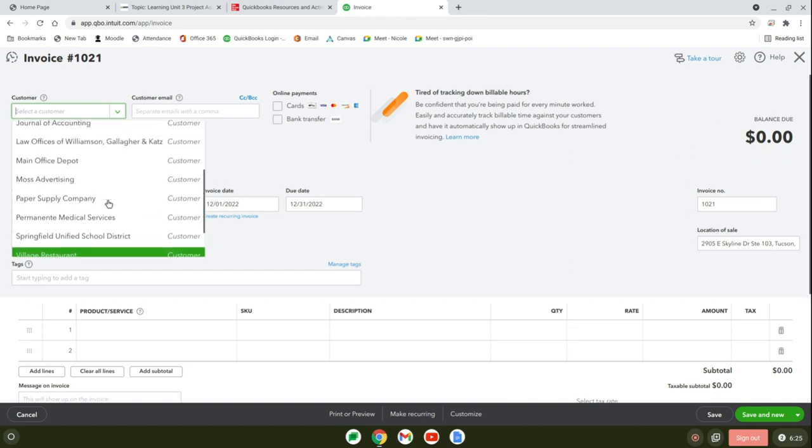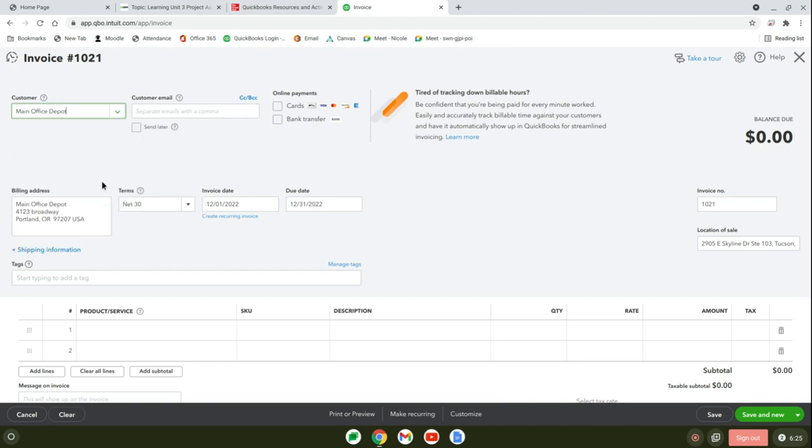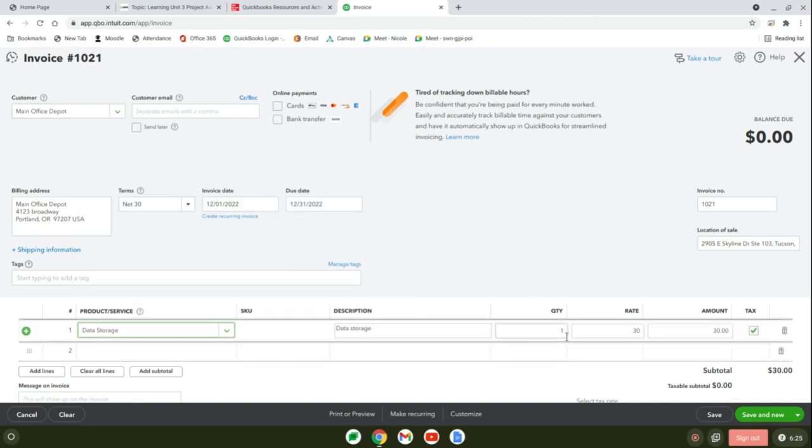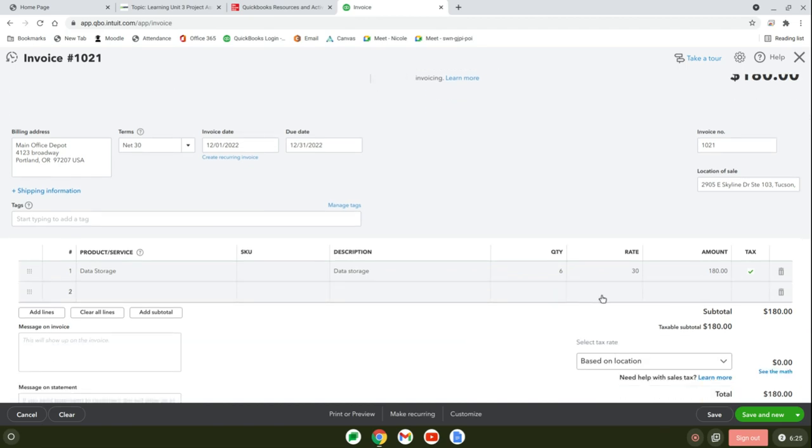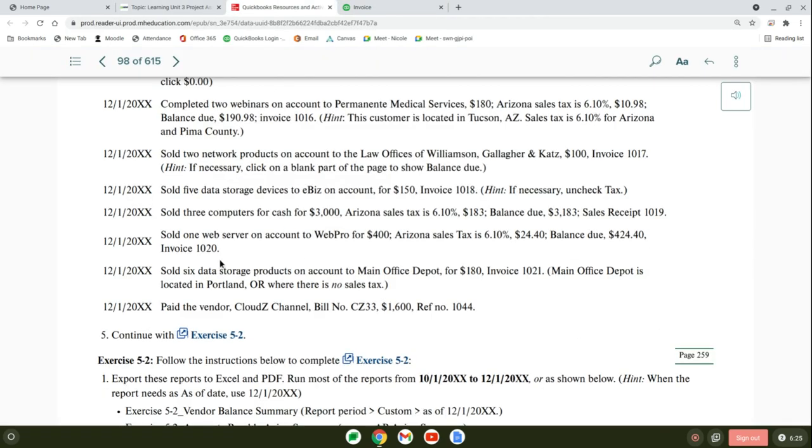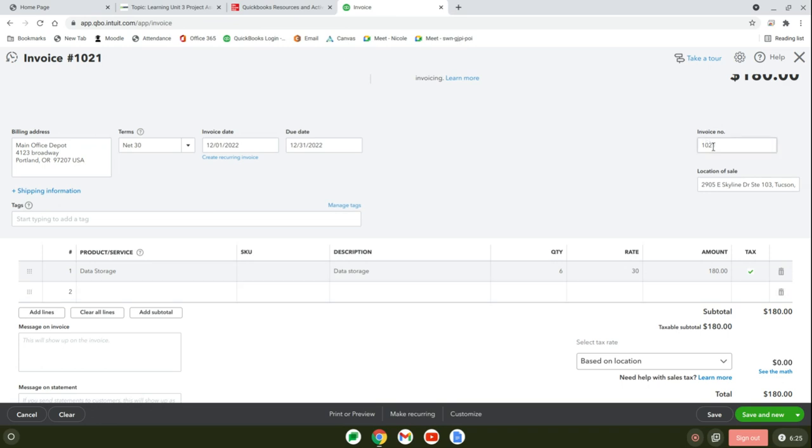Main Office Depot, and that's 6 data storage, $180. Before I save, I just want to make sure I have my correct information. We just did WebPro for $424.40, and now we're doing Main Office Depot for $180. So we have 180 and it's 1021. I'm going to go save and close.